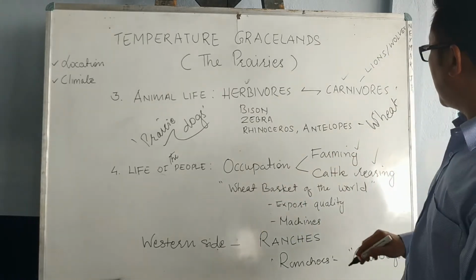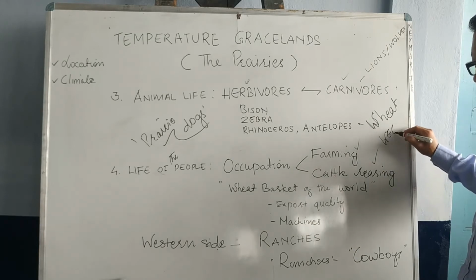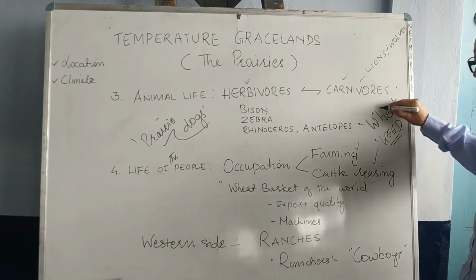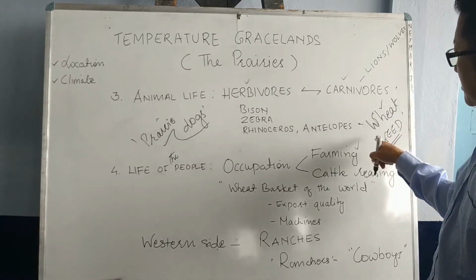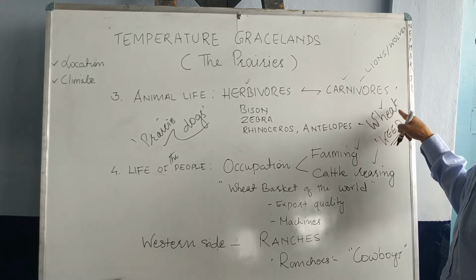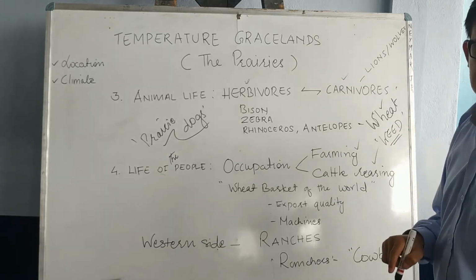I'm not talking about this wheat, W-E-E-D, weed. This is different. We are talking about this wheat, but you know the meaning of both this W-H-E-A-T, wheat, and W-E-E-D, weed. Okay?